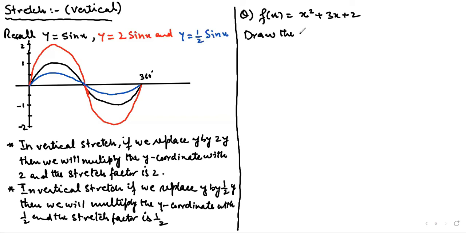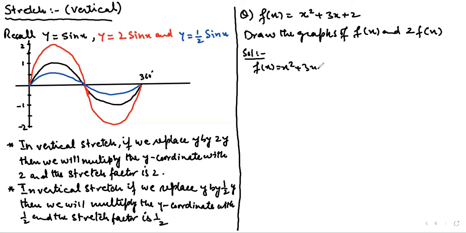Draw the graphs of f of x and 2 f of x. Solution. f of x is equal to x square plus 3x plus 2.